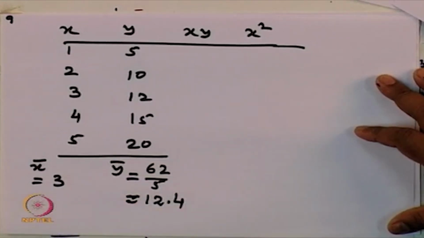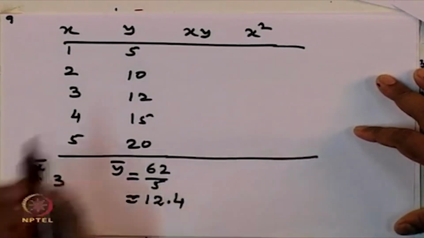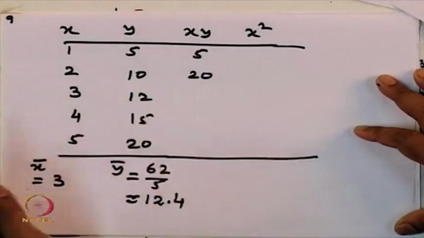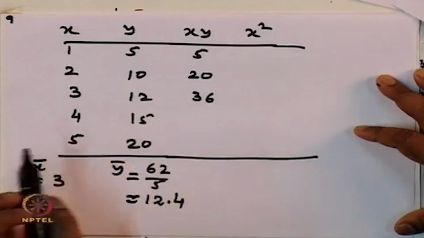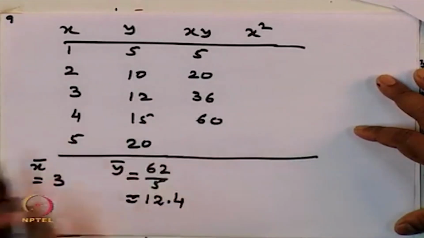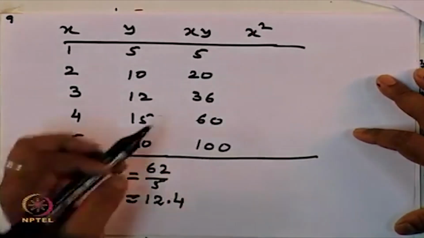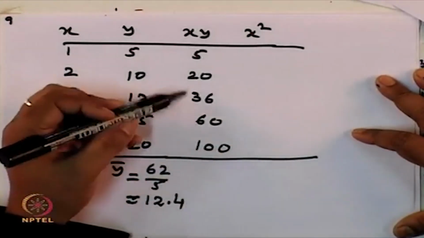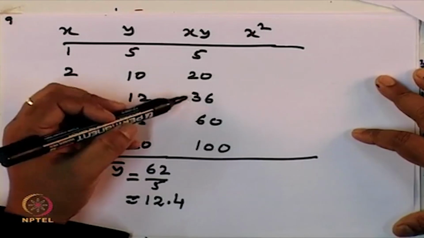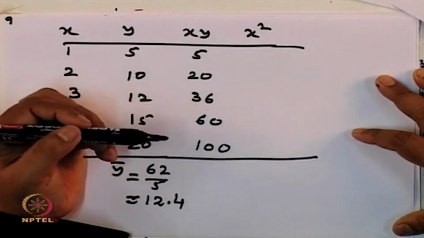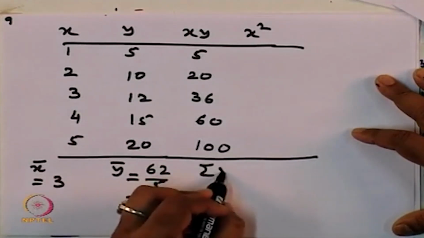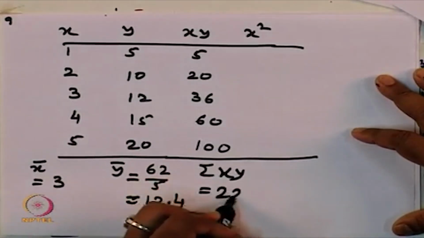Let me calculate x y: it is 5, 20, 36, 60, 100. So, summation x y becomes 221.